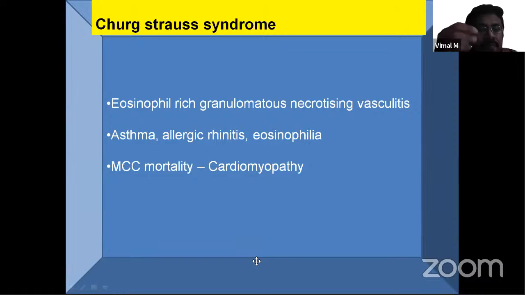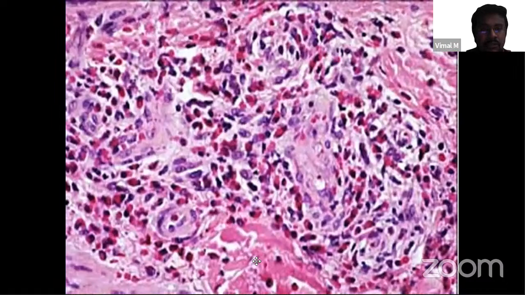You can correlate. Because of the allergy, because of the asthma, the eosinophils will be more. So eosinophilia. And very interesting to note that in Churg-Strauss syndrome, the most common cause of mortality is cardiomyopathy. So you can get a histological image like this.